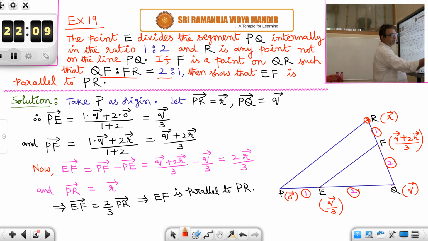E and F we have joined, P and R we have joined, we have to show that they are parallel. So we'll find the vectors EF bar and PR bar and show that they are parallel vectors.